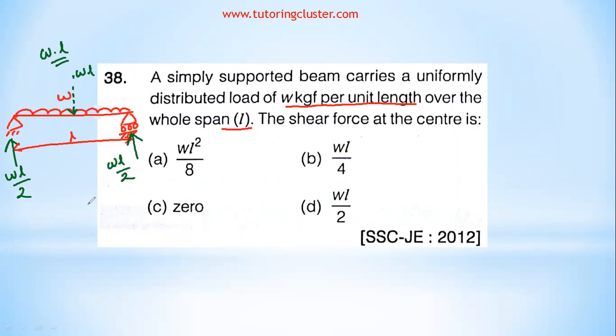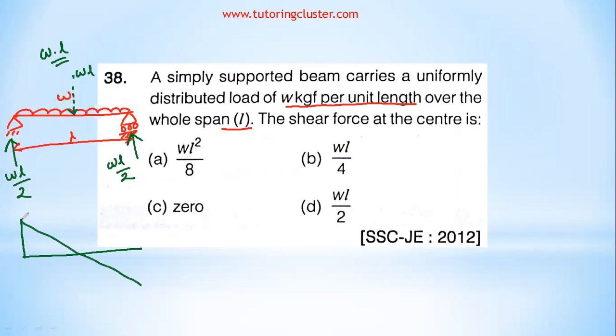Right? Now what you have to calculate? Shear force at the center. Okay. Let us draw the shear force diagram. So it is going up by WL by 2. How the diagram will be?